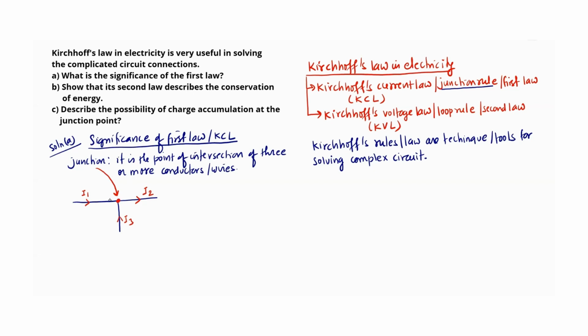And in order to apply Kirchhoff's first law, we use a sign convention. Okay. So we can see I1 and I3 are moving towards the junction, whereas I2 is moving away from the junction.